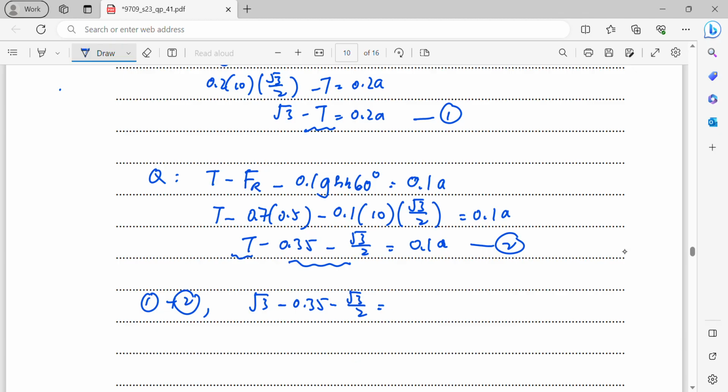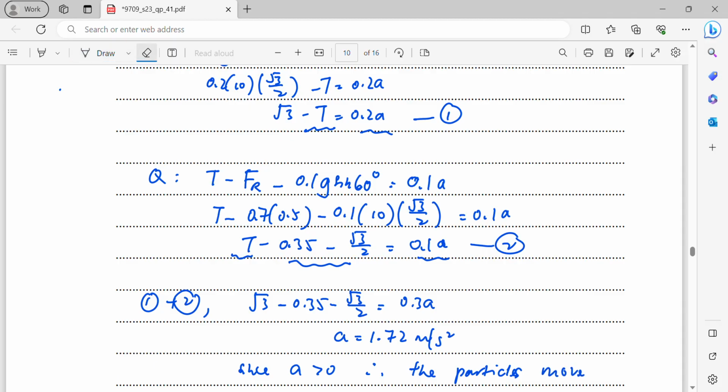For the right hand side, 0.2a plus 0.1a, I will get 0.3a. So from here, your a is going to be 1.72 meters per second squared. Since a is greater than 0, the particle moves. There are two particles here, so this is how we solve question A.